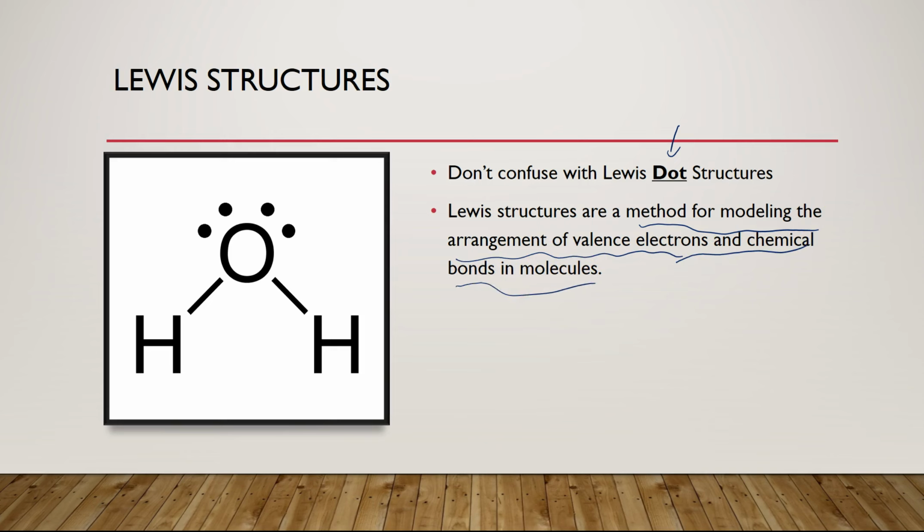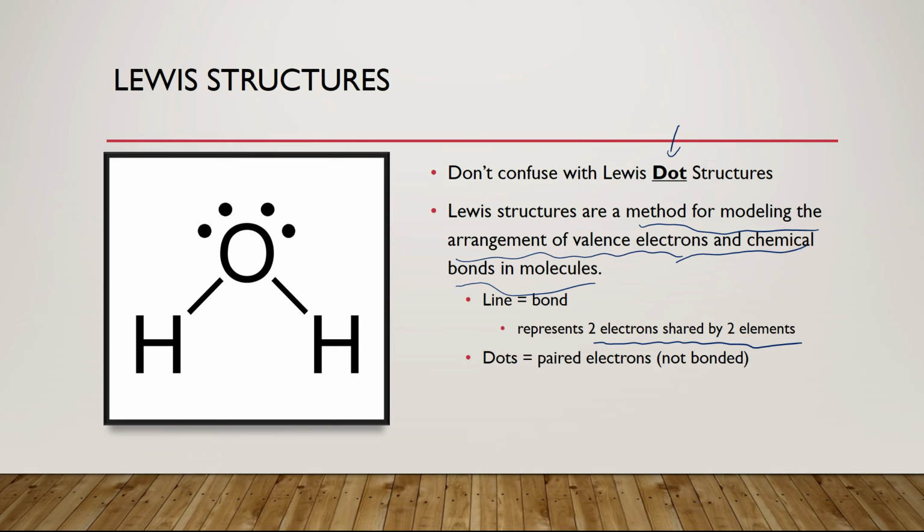We show the valence electrons as dots, or as lines to indicate a bond. So a line equals a bond, and one bond represents two electrons shared by two elements. And the dots are, as they were before, just paired electrons that are not part of a chemical bond.